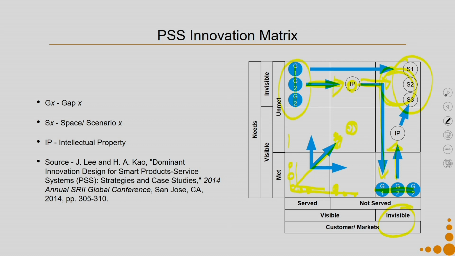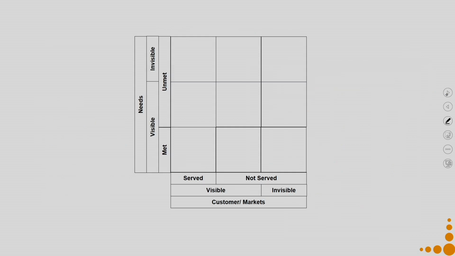Let us see in the context of fresh what it might mean. So, I have my entire chart ready again. So, I know water purifier for domestic uses, a visible market, it is a served market, the needs are visible and they are met. There is a need that, so right now I can pay for buying the water purifier.